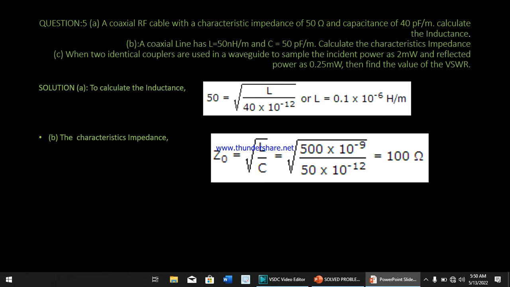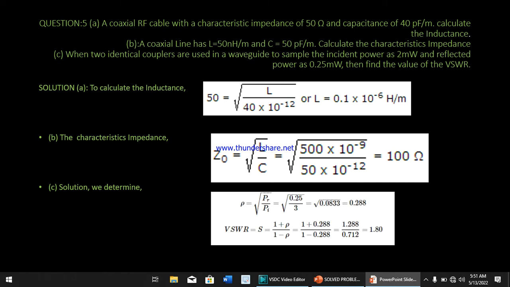So already we know that the characteristic impedance is calculated to be square root of L over C. So if we substitute the value of L, which is 500 times 10 raised to power minus 9, all over the capacitance of 50 times 10 raised to power minus 12. So the characteristic impedance gives us 100 ohm.